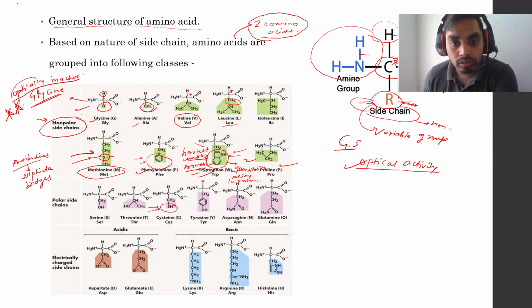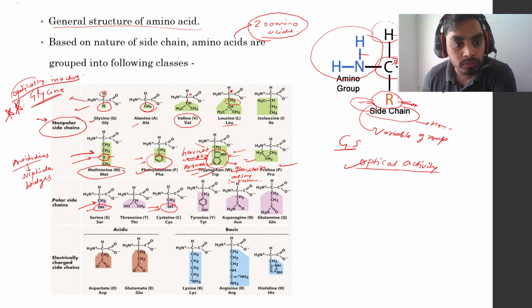So proline is also complex. Next we have serine. This one is also important. Serine has an OH group. And why is this OH group important? Because it helps in this one.